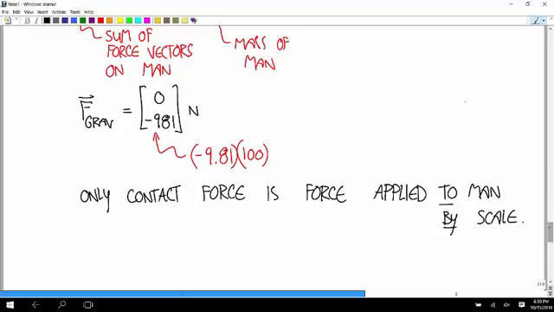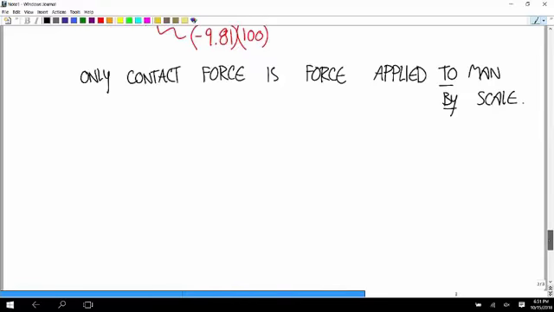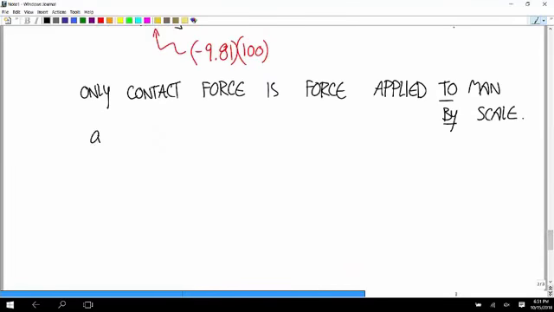Any questions about that? And then do we know anything about the acceleration? Well, we're imagining that he's just standing there, so he's not moving at all. Then there's no velocity, and if the velocity never changes, there's no acceleration. So the acceleration vector is 0x, 0y.